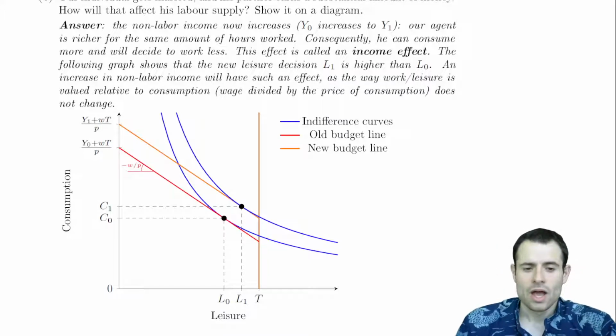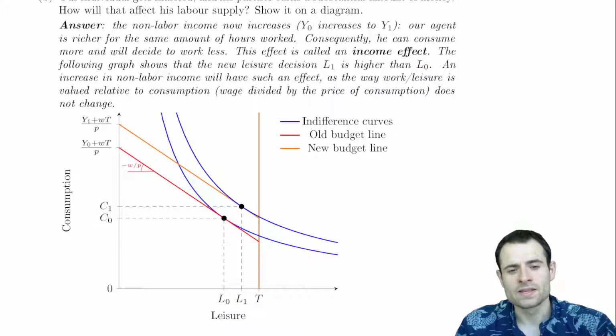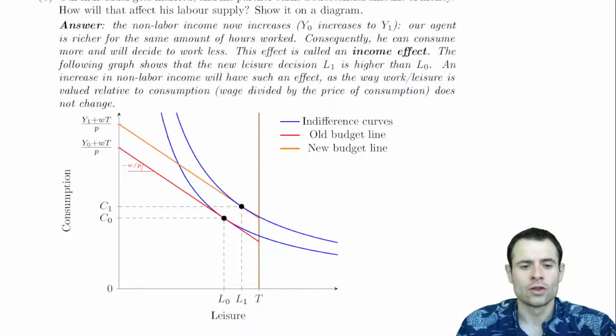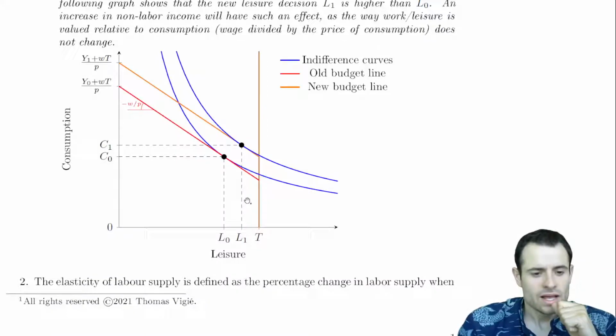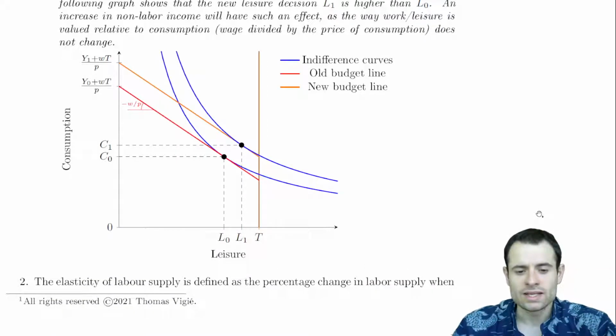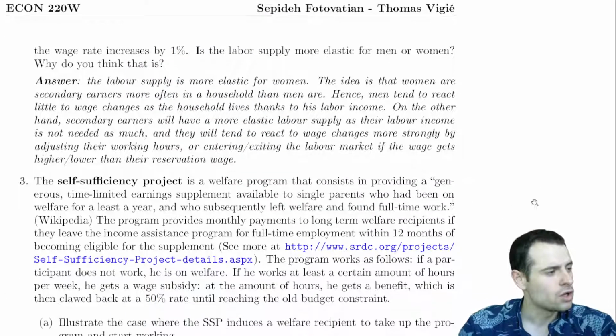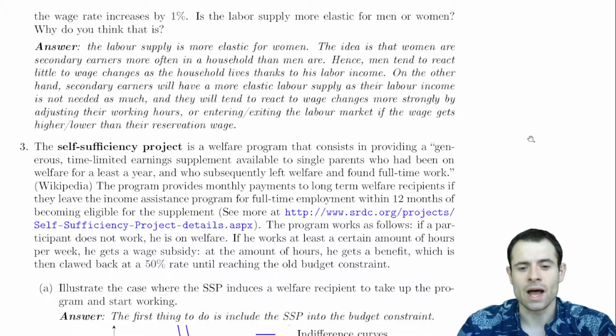Now, kind of related to this exercise, here is a question related to the labor supply of partners in a couple. The elasticity of labor supply is defined as the percentage change in the labor supply when the wage rate increases by 1%.